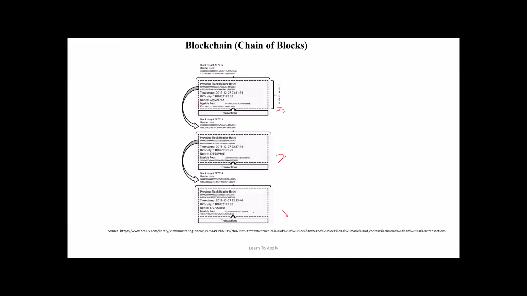When the first block is there, its previous block reference might be another block, the 0th block, so the hash of the 0th block will be the previous hash here. Now we have the second block, and the previous hash will be the hash of block 1. If you look at the hash of block 1, that is this, and if we go into block number 2 and look at the previous block hash, it will be exactly the same, because here we have 2249 and the same is here, 2249.